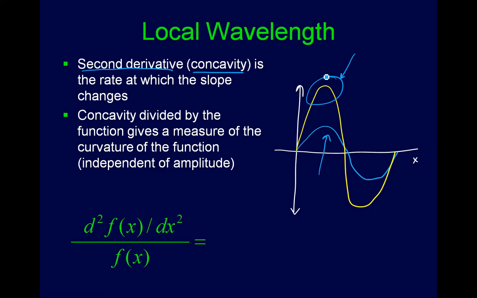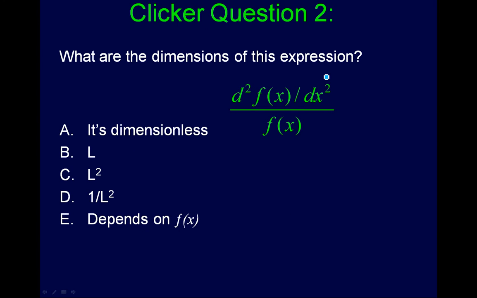And so if we take the second derivative divided by the function itself, this is going to be our measure of the curvature, and it's also going to lead us to one way to determine our wavelength. Now it's good to stop here and think about what the dimensions are of this horrible thing that we're talking about.